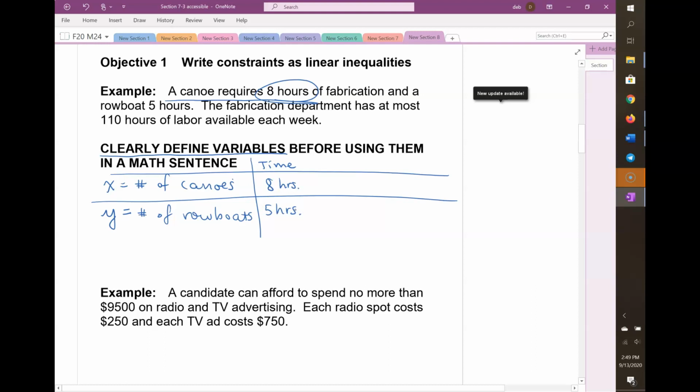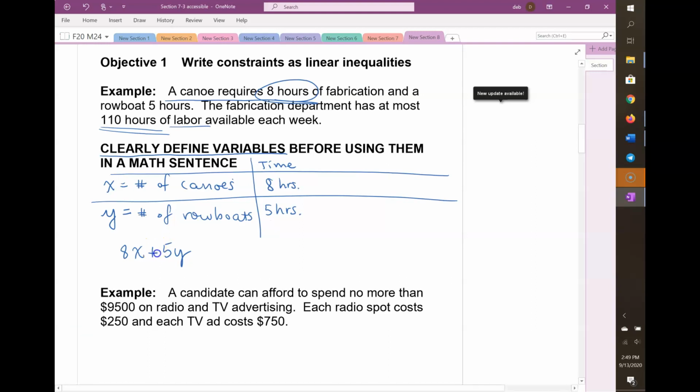So then I can see that if I want to know the total amount of time for labor, if I write 8x, and it's 8 hours for each canoe, and I multiply it by x, the number of canoes, then 8x is the total amount of time for canoes. And then I have 5y, I have 5 hours per rowboat times the number of rowboats, y.